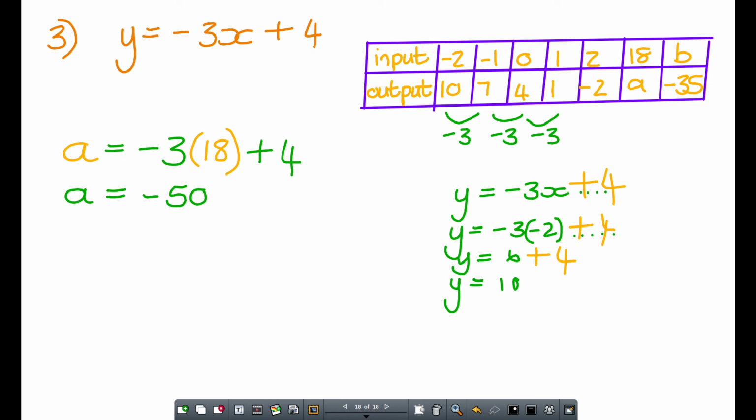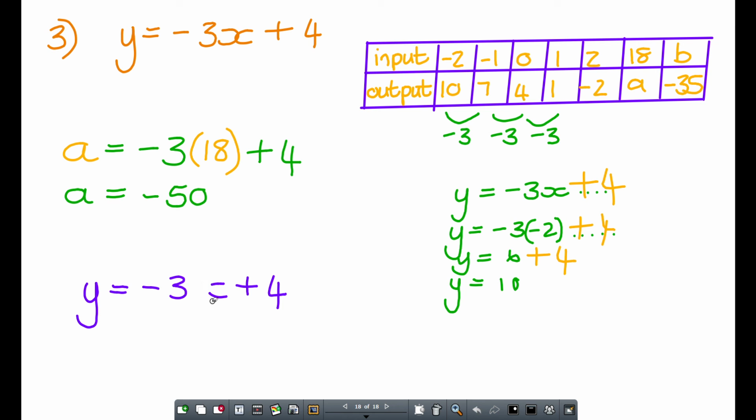Let's do exactly the same, but now with B. My equation was y is equal to minus 3x plus 4. My input value is B. Input is usually my x value.